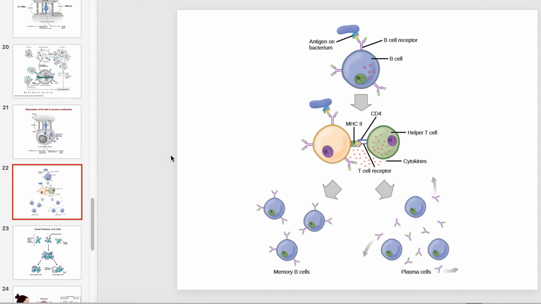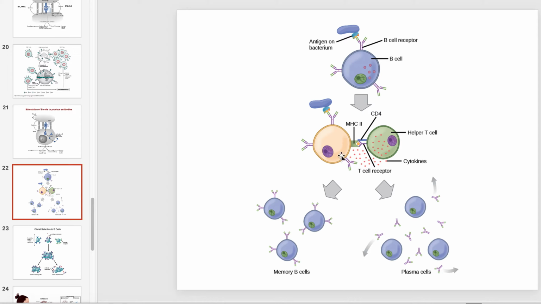And so it looks something like this, and I've zoomed out a little bit more. So here's our B cell. The B cell has a receptor on its surface that binds to some kind of a microbial antigen, for example, and it'll internalize that, and then that particular B cell, in this particular case, will be able to interact with a T cell that you see here.